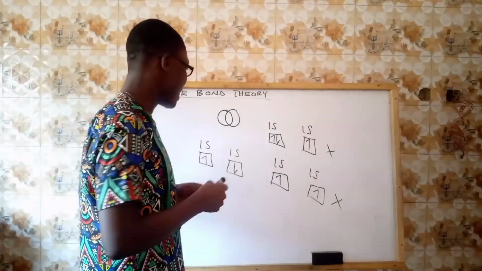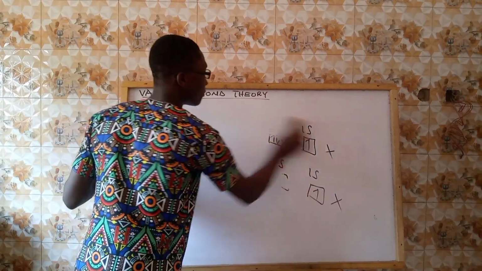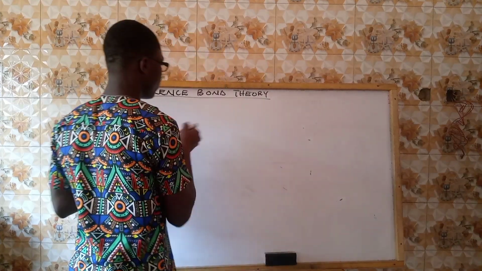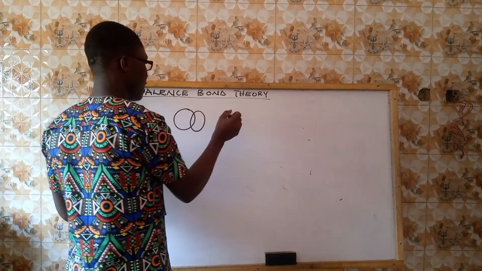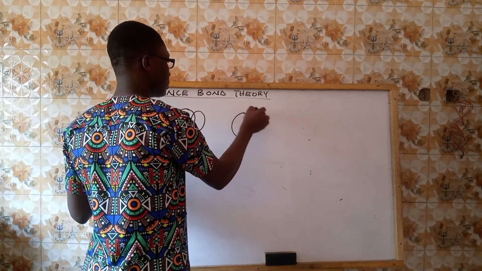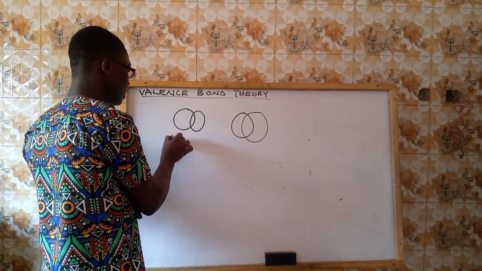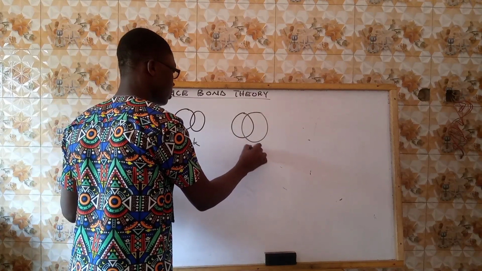So the strength of the bond depends on the amount of overlap. It means that we have this bond and then this bond. This bond is weak and this bond is strong.